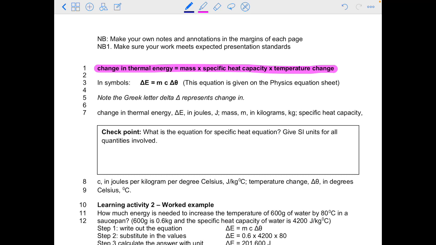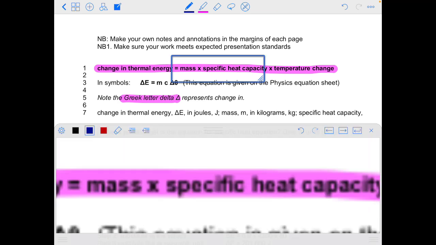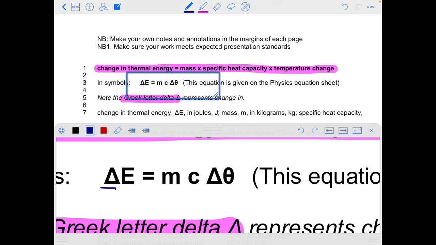So in science, we like to use our Greek letters. So here we use the Greek letter delta, which is represented by a triangle. So delta E stands for the change in thermal energy.